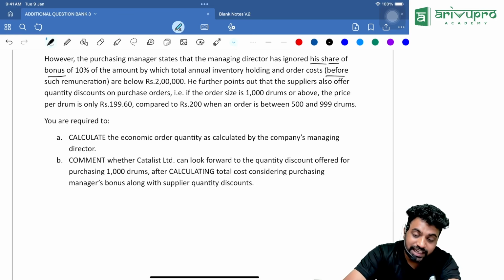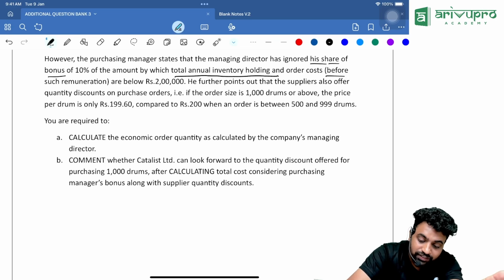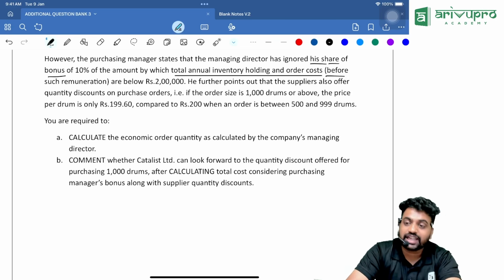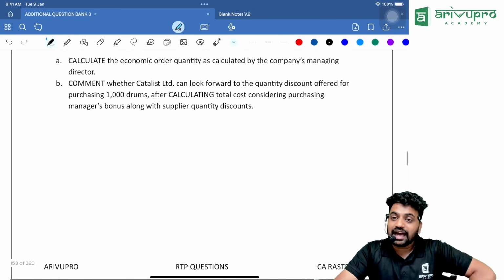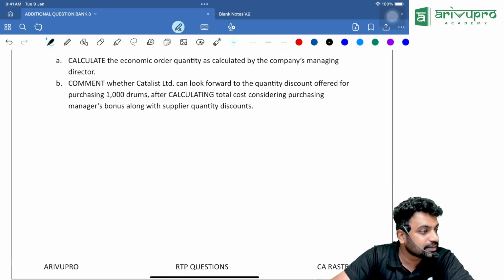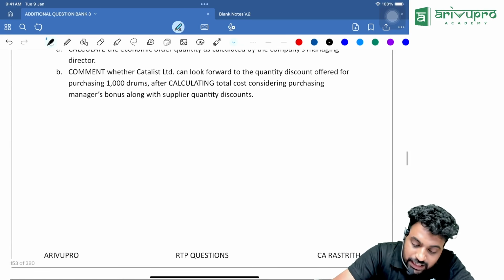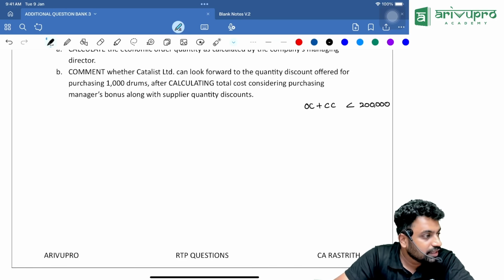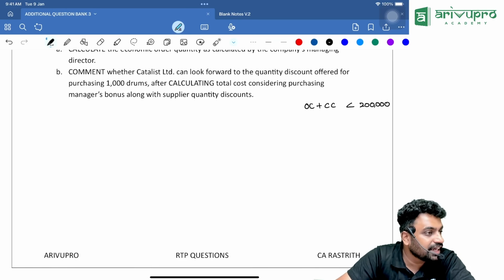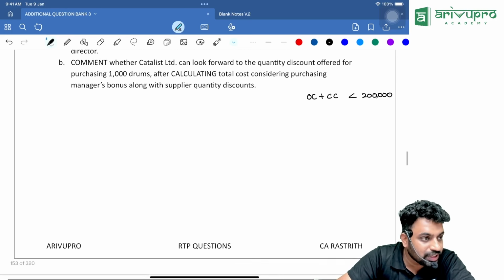Director has ignored his share of bonus of 10% of the amount by which total inventory holding and ordering cost before remuneration are below 2 lakh, which means, try to understand, our manager is getting a bonus provided he keeps our ordering cost and carrying cost less than 2 lakh. If he keeps our ordering cost and carrying cost less than 2 lakh, how much bonus, sir?